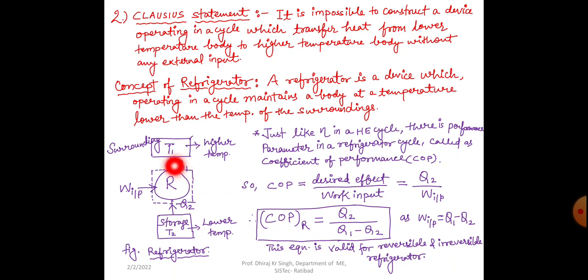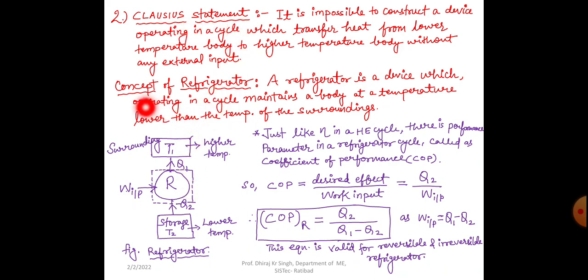It means if we have this refrigerator and we want to send heat from a lower temperature body to a higher temperature body, then we have to use work input. We have to take input from somewhere, otherwise this is not possible. This was the statement given by Clausius.